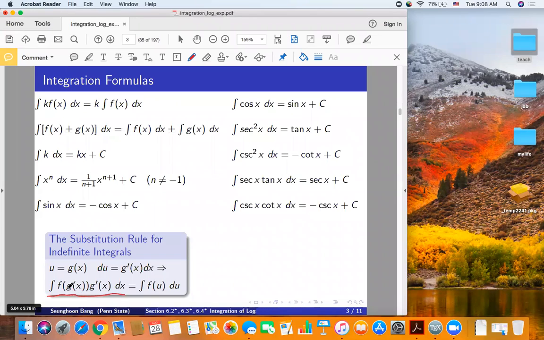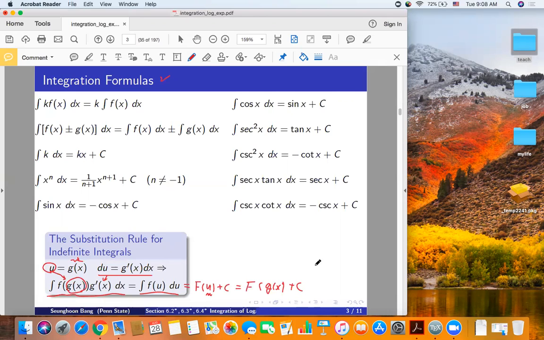How can you solve it? Check the inner function, which is u, and find the differential form du equals g prime of x dx. Plug it in and we have a simple form. Find the antiderivative using an integration formula. Next, change back: u equals g(x), plug it in, and this is the final answer.